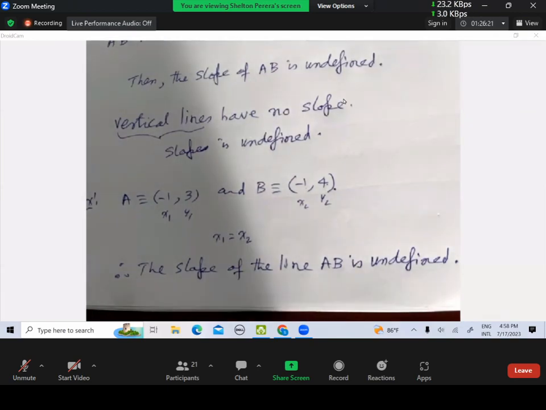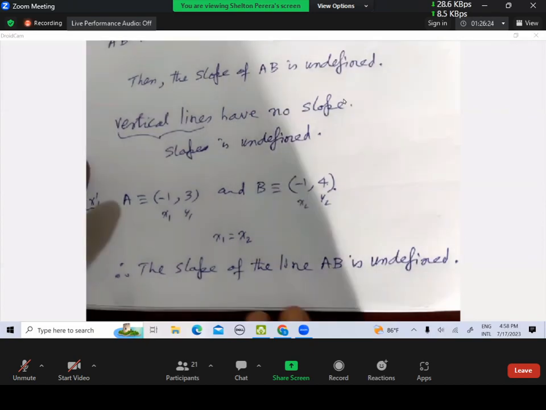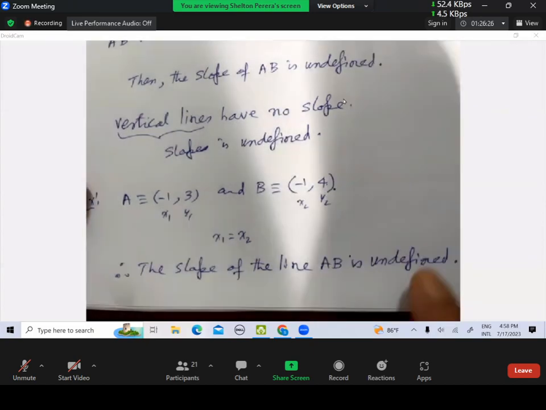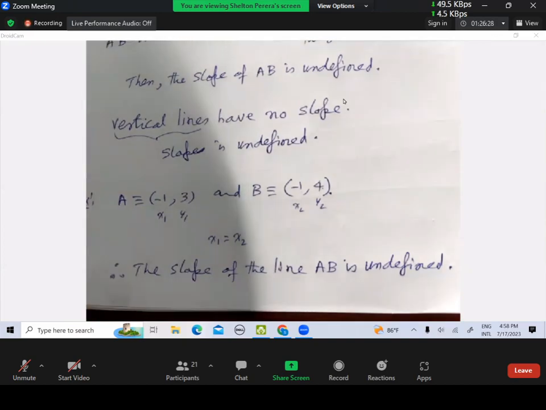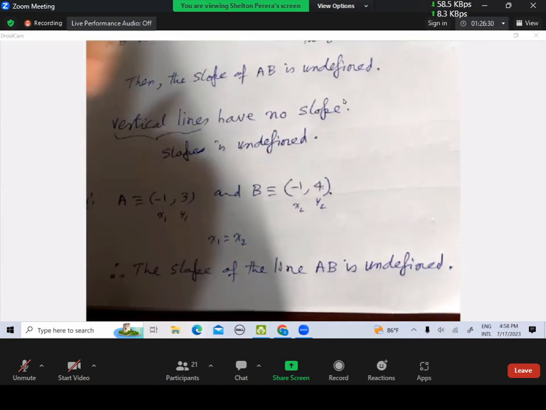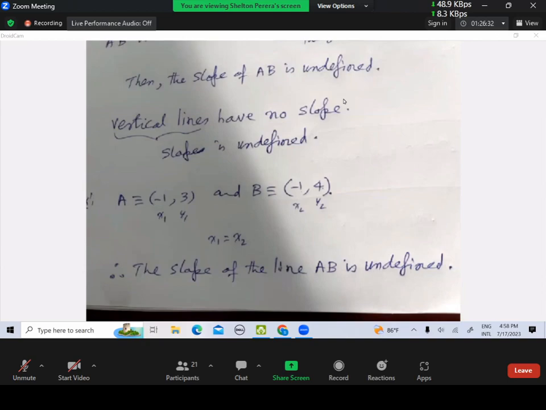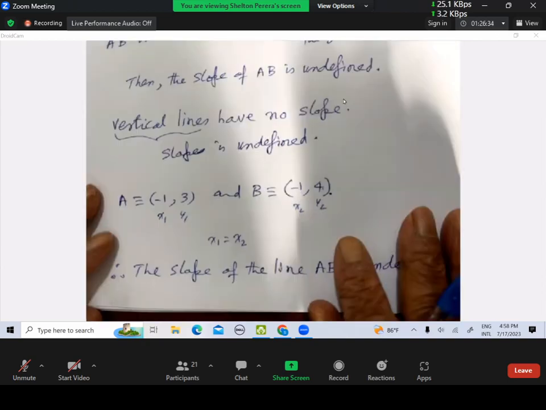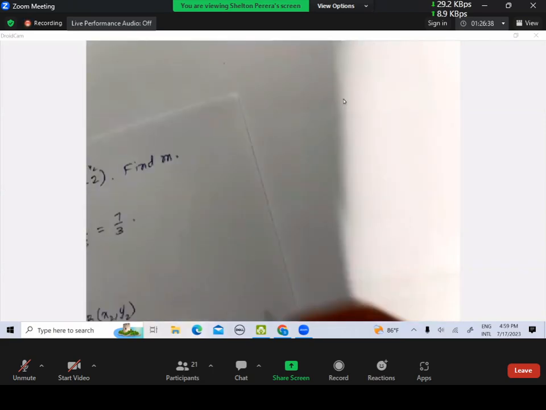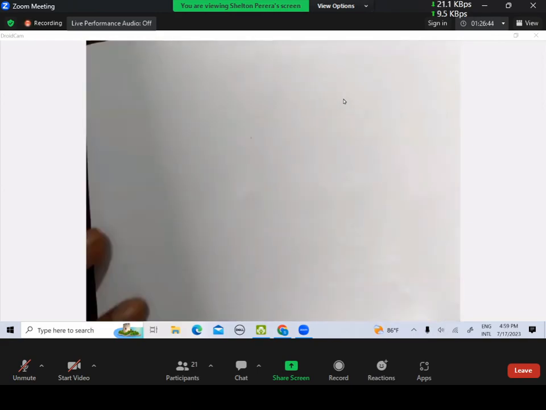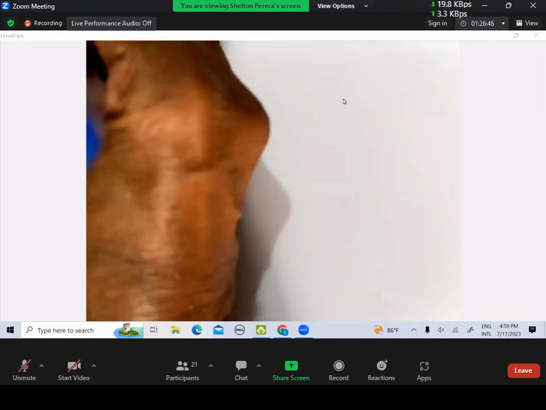Now, can the slope be negative? Can the slope be 0? We saw two examples where slope is positive. Now I'll do three examples.